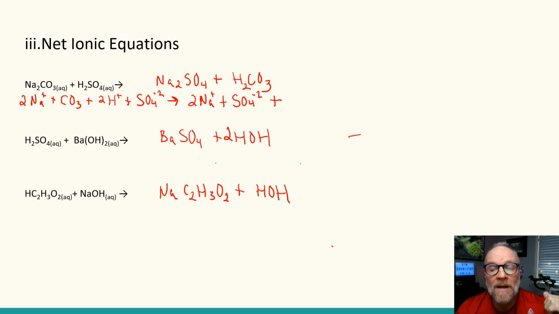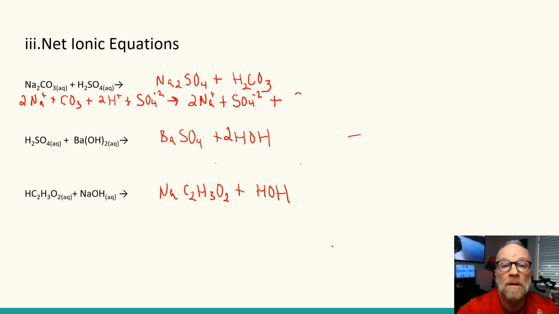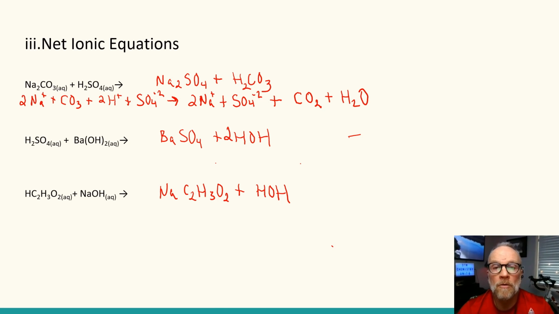Carbonic acid is a weak acid, so normally you would think that it would stay together, but it is one of those exceptions that you have to have memorized. Carbonic acid is responsible for carbonating beverages, and so it always splits into CO2, carbon dioxide, plus water. And that's way cool, right?